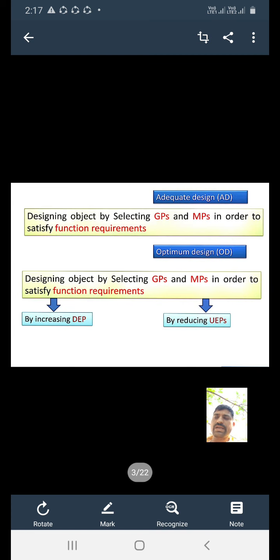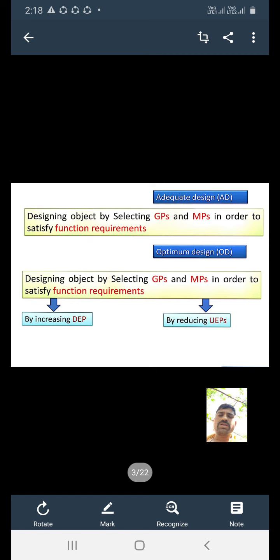Then next is the design of a mechanical element. There are again two designs: adequate design and optimum design. Designing an object by selecting geometrical parameters and material parameters in order to satisfy the functional requirement is called adequate design.